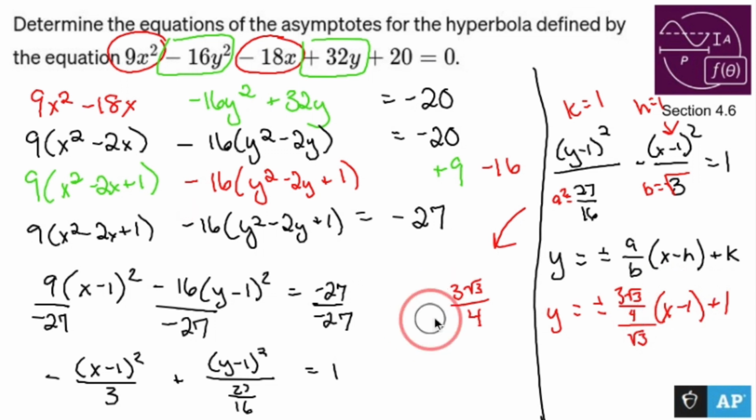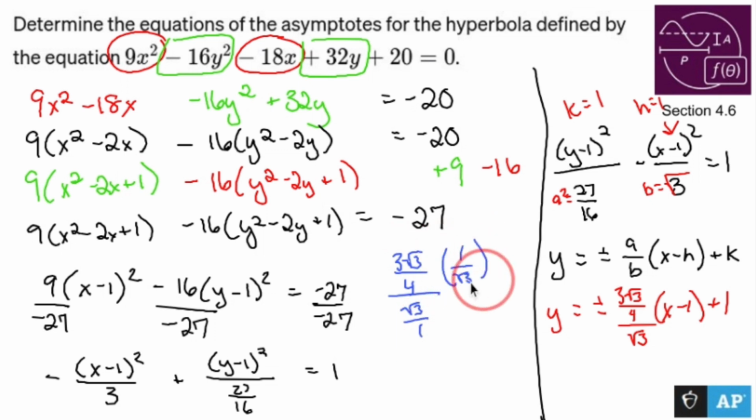Let's erase this so I can give myself a little more space. In order to deal with 3 root 3 over 4 over root 3, I multiply the top and the bottom by 1 over root 3, which means a lot of canceling out happens. So all of that's gone, and now I have 3/4.